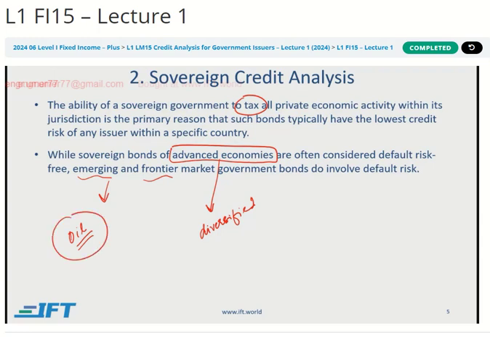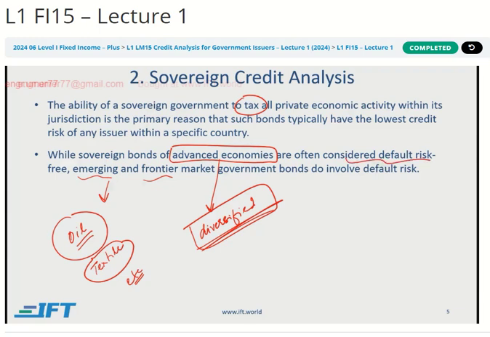So maybe you have an economy that is very focused on oil, or very focused on textile or something or the other, maybe copper. So we have these countries which are relatively not that bad, they're decent economies, but they have a lot of concentration in one particular sector. So that's risky, right? But your advanced economies which are diversified will be relatively default free.